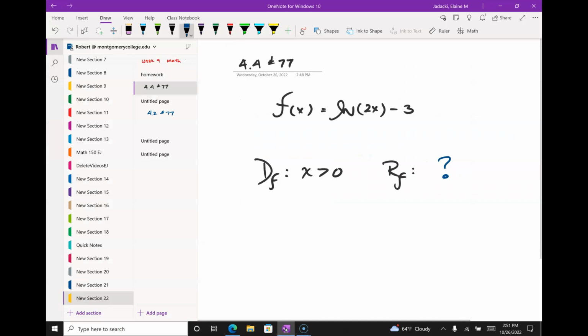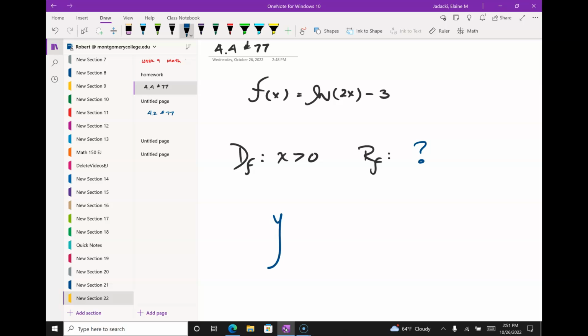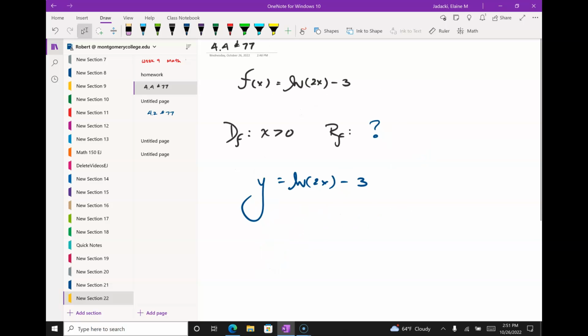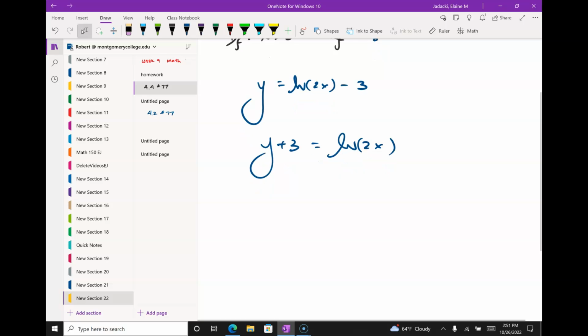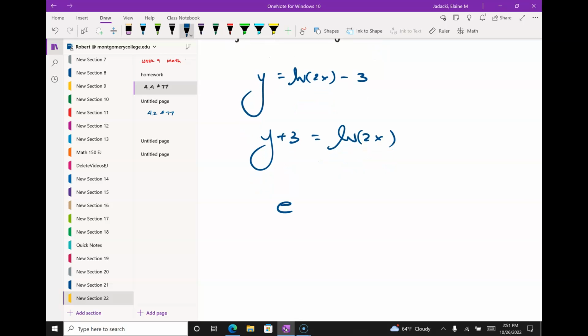Well, let's see what happens if we find the inverse function. So how do I find this inverse function? Y equals ln of 2x minus 3. What do I want to do? I want to isolate my log, right? So y plus 3 equals the ln of 2x. What's my base? E. What's the exponent? Y plus 3 equals 2x.